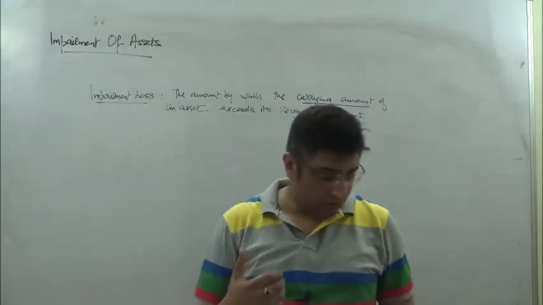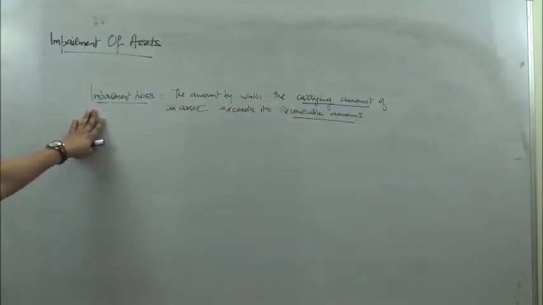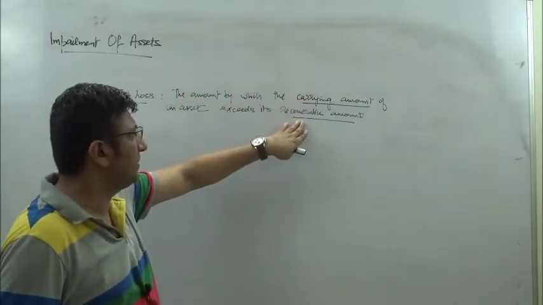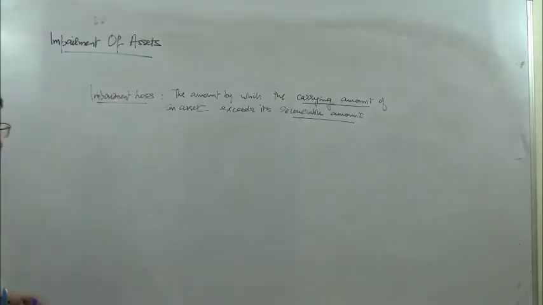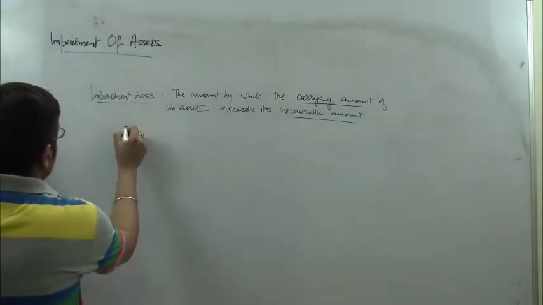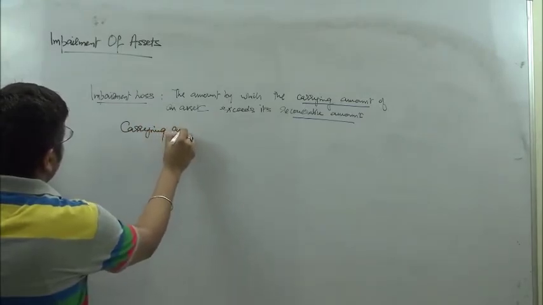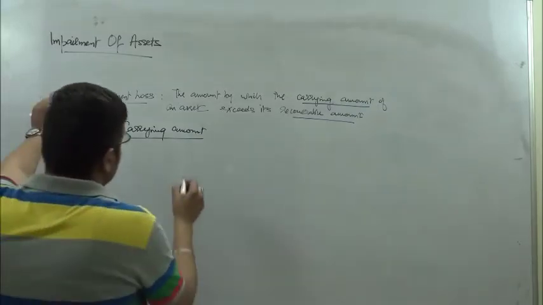So what we're going to do is try and understand these terminologies better, in terms of what a carrying amount is and what a recoverable amount is. If I'm looking at carrying amount, think of it like this.